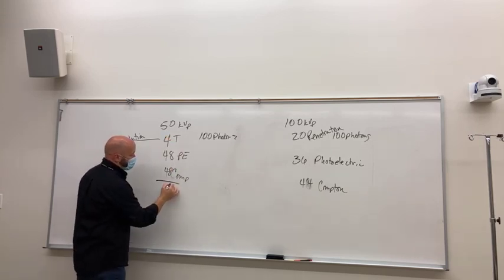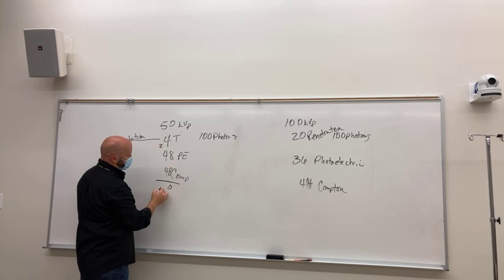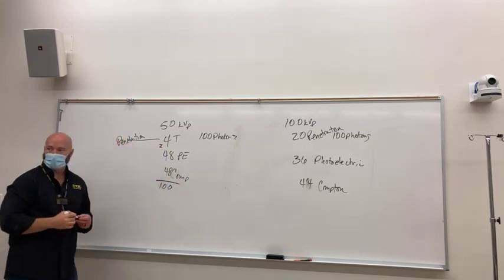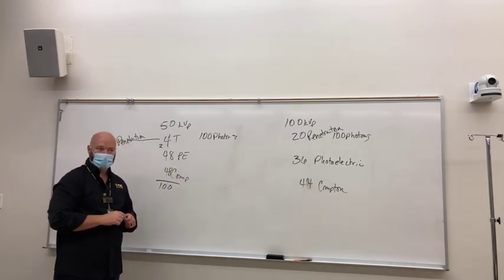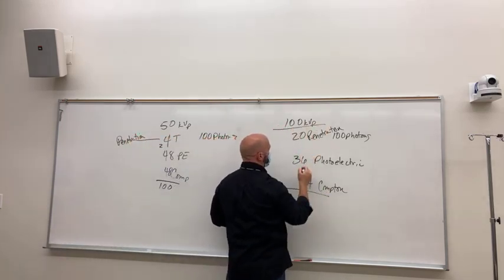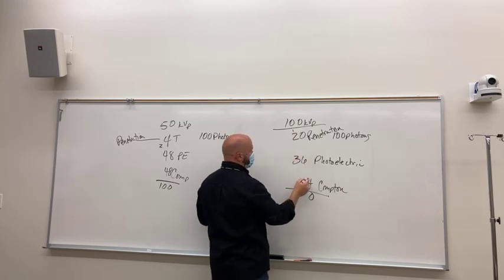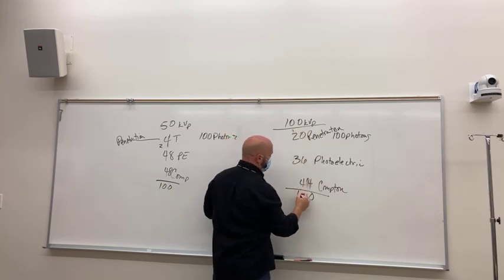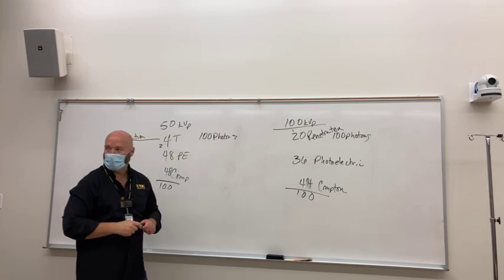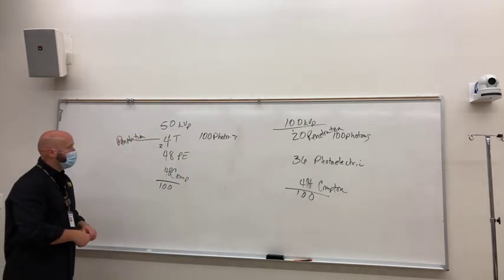Doesn't affect anything, or we could have gone 99. But 16 plus 4 is 20, so we got 100 photons, right? Everybody with me? Okay. So over here, we've got 4 plus 6 is 10. So we got 100 photons, right? Everybody still with me? All right.